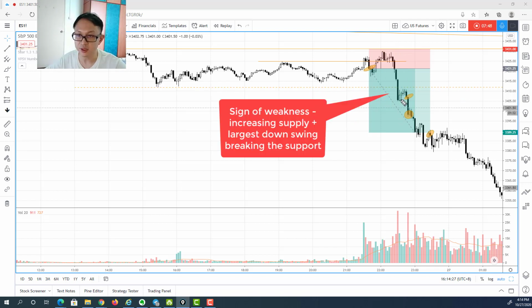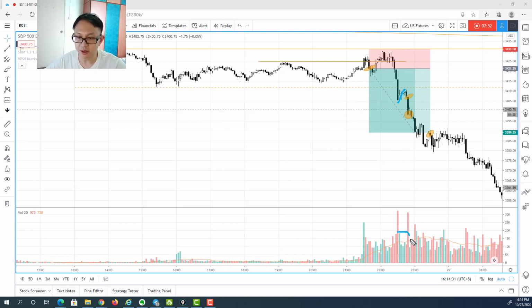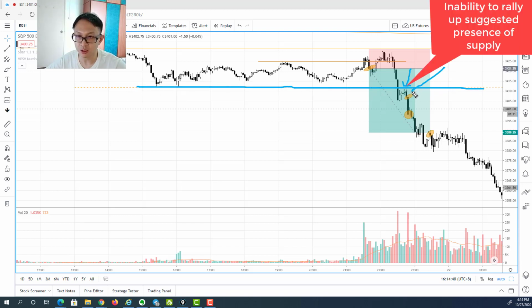Subsequently we see that there's just an inability to rally up despite having some demand behind. You can see all these small bars and also some rejection tails, and it's just barely touching this support turned resistance level. So it's pretty much textbook style.